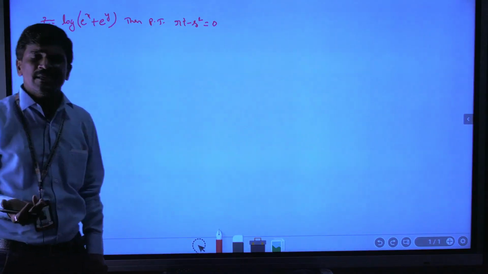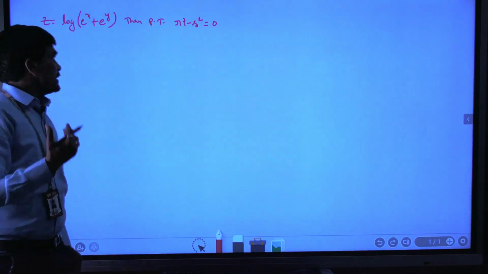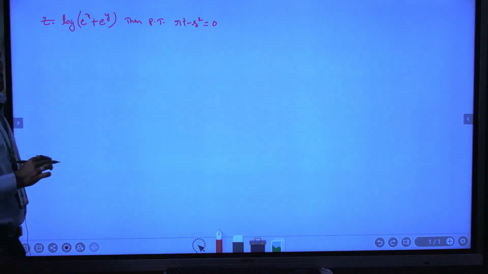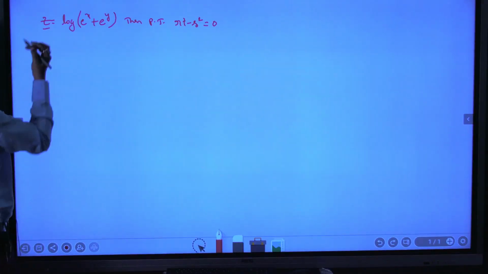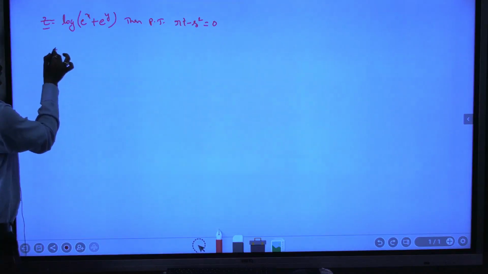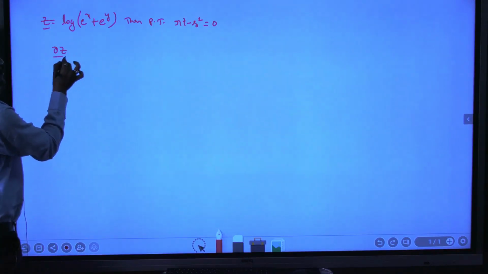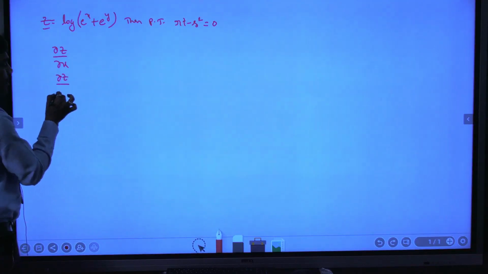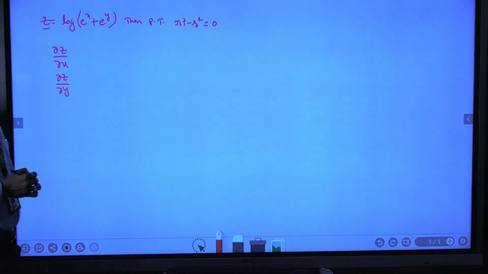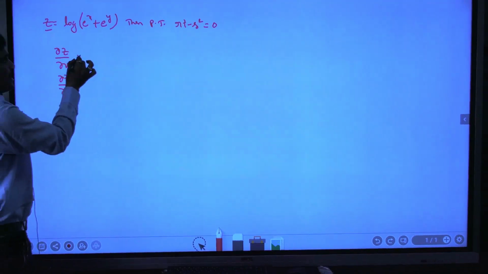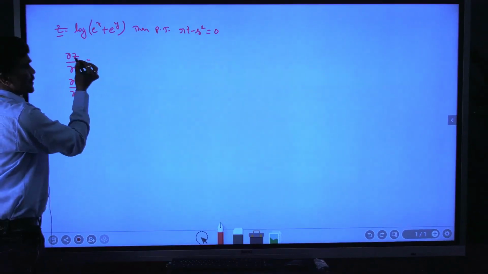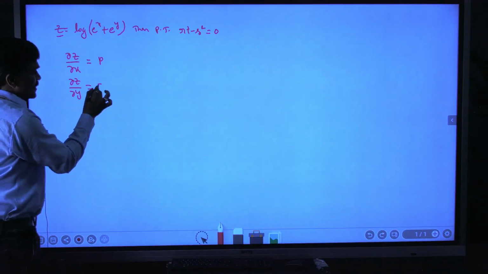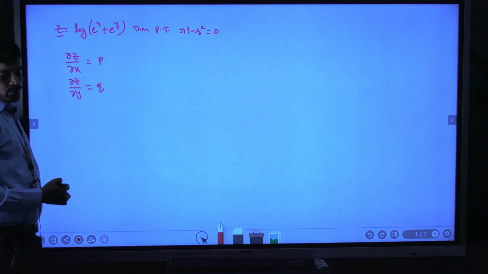What are R, S, T? In partial differentiation, suppose the function is z. The first order partial derivatives are dou z by dou x and dou z by dou y. Dou z by dou x is denoted with small p, and dou z by dou y is denoted with q.